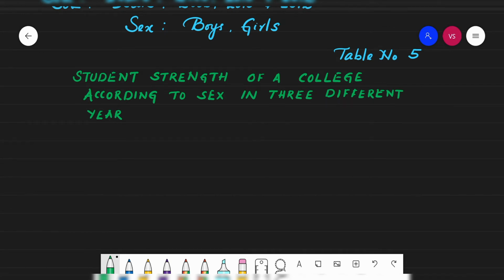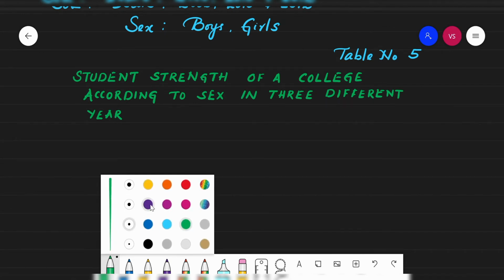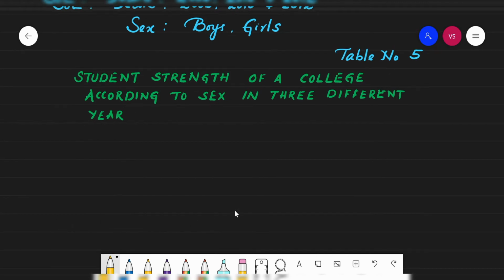Now, let's think about this. I will take another color, and I will differentiate that. I will take the years in the columns: 2005, the next is 2010, and the next is 2012.